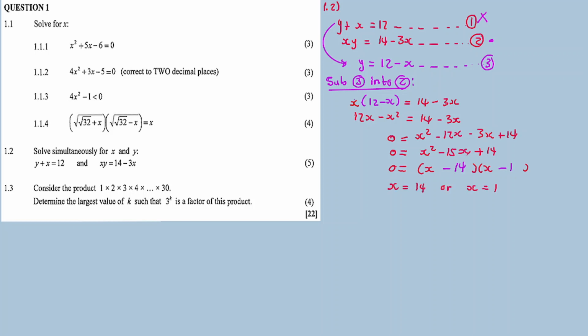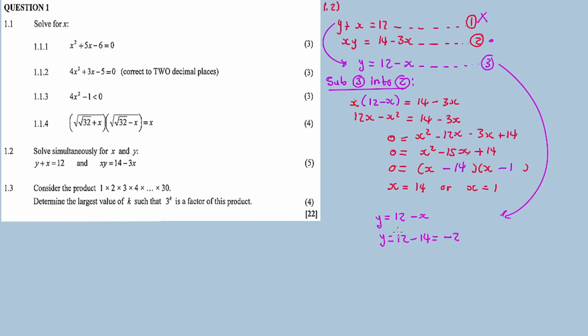So our roots now are x equal to 14 or x equal to 1, and then I calculate the value of y using equation 3. So where there's x I put 14 and get an answer, then I substitute 1 and get its answer. So we start with 14. What is 12 minus 14? 12 minus 14 is negative 2.